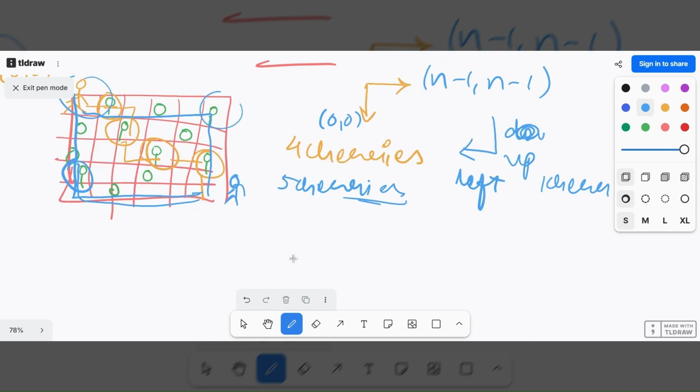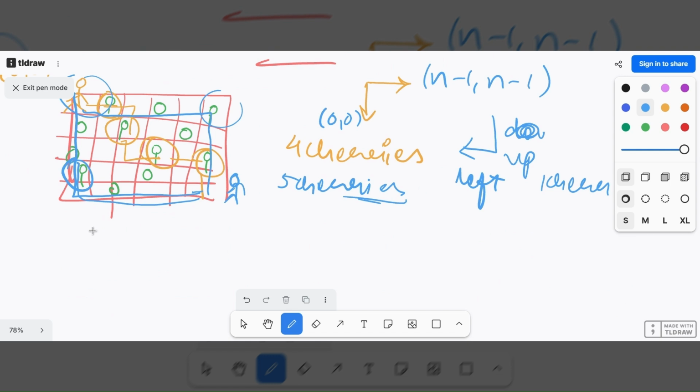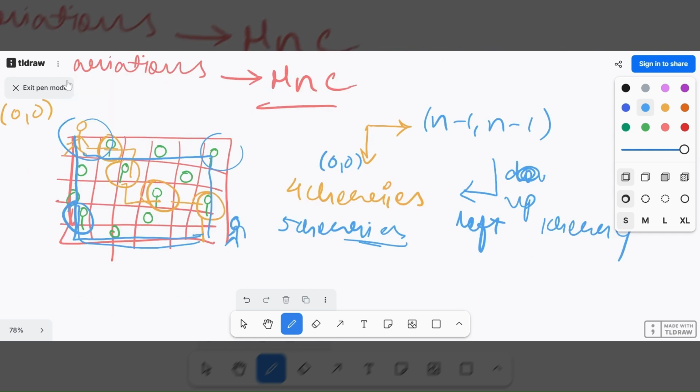So ideally, what you can consider is two persons. One person standing here and one person standing here, and both start simultaneously moving, one going right and down, the other going up and left. They start taking cherries, but a particular cherry can be taken by only one person. Only one person can take the cherry located at that position.